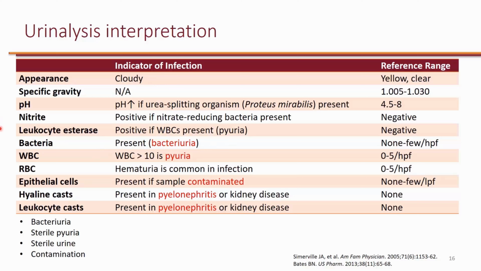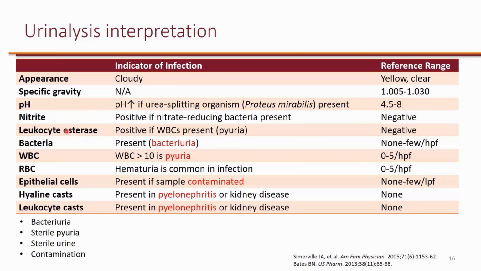Another thing that's important to look at is the presence of nitrite and leukocyte esterase. Nitrite is not supposed to be there in the urine, so if you do find nitrite, it could suggest the presence of bacteria. Now, if the nitrite is not there, that doesn't necessarily mean that there is no infection, and I'll explain that more on the next slide. If you find leukocyte esterase, that means white blood cells are present, because these esterases are released from the actual white blood cells from the body.